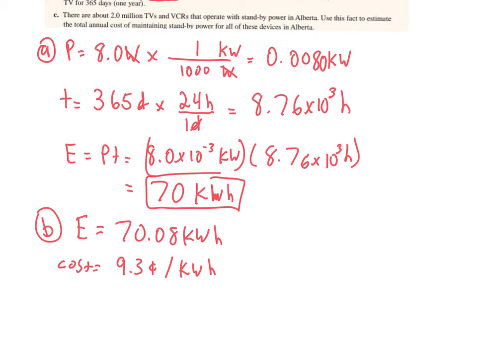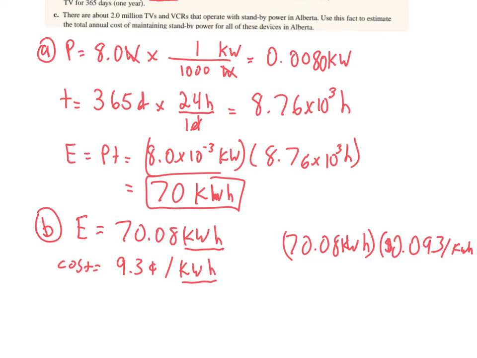And so our cost then is going to equal, there's no formula on your formula sheet for this. This is obviously just, we have kilowatt hours here in the numerator, kilowatt hours here in the denominator, so we just need to multiply these two. So we're going to go 70.08 kilowatt hours. I kept the unrounded answer from A. And then we're going to multiply that by 0.093, sorry, that's in dollars per kilowatt hour.